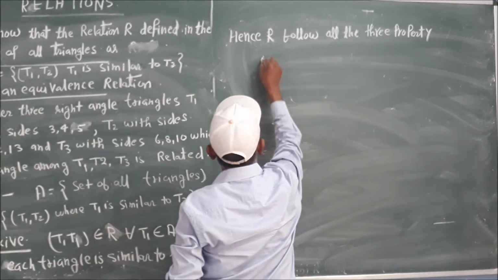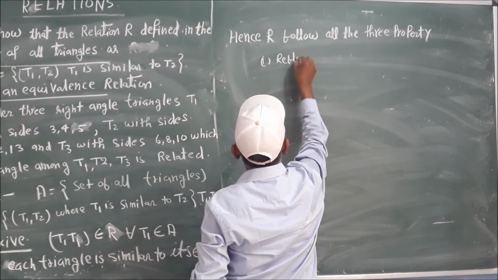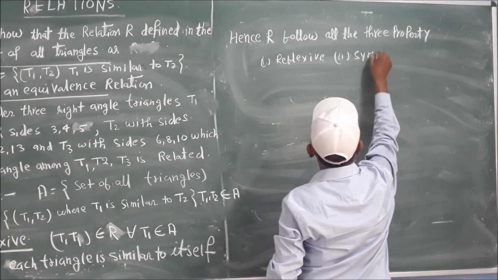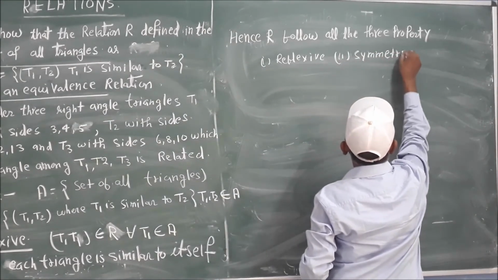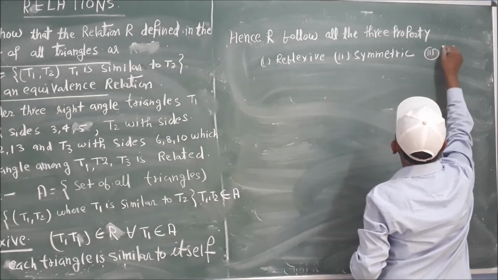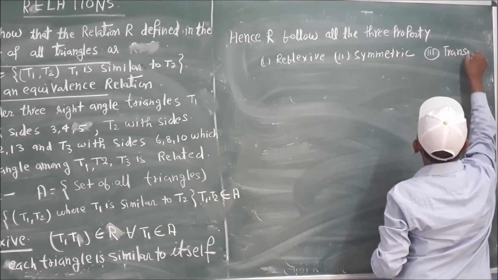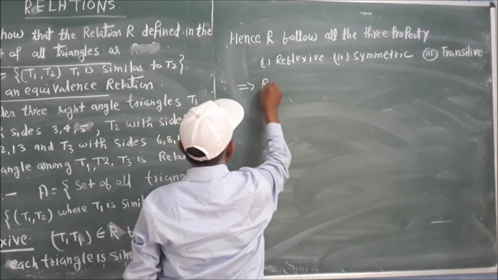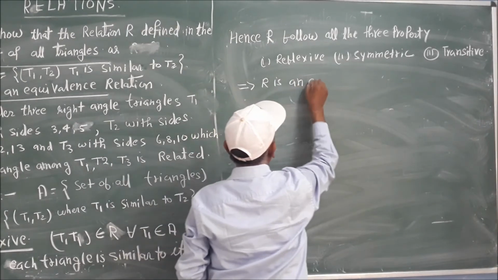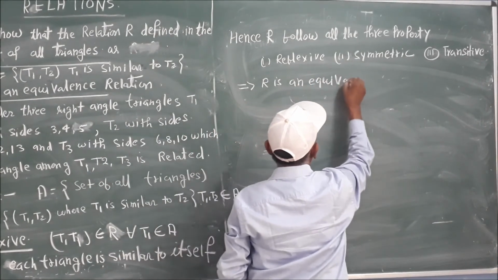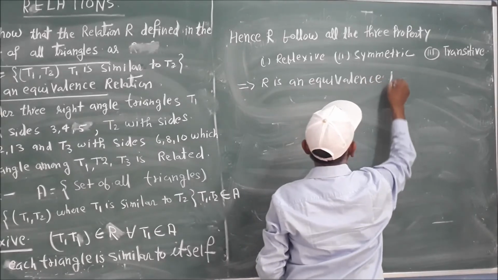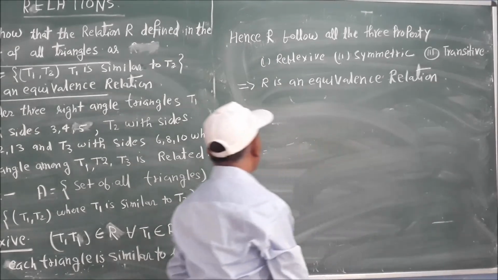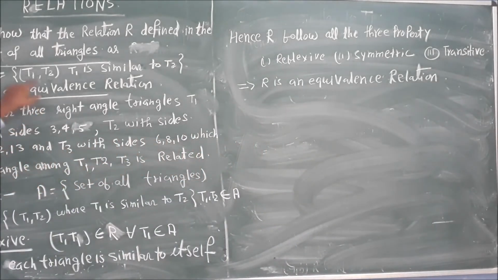First property is reflexive, second property is symmetric, and third property is transitive. This implies R is an equivalence relation. So we have proved the first part of the question.